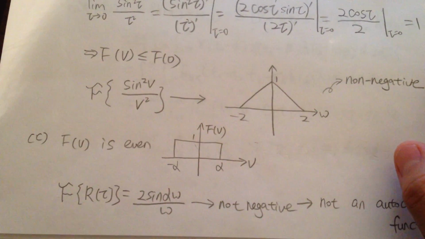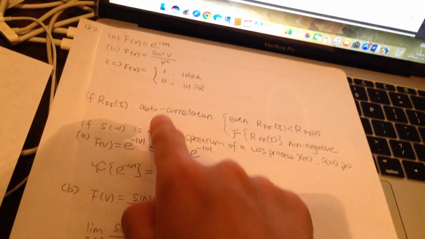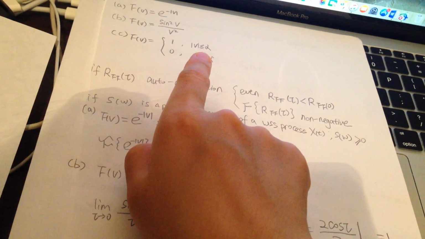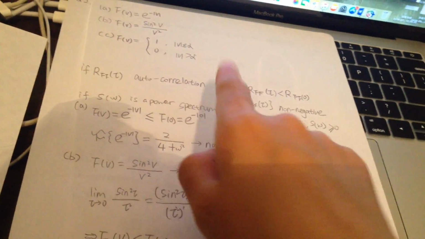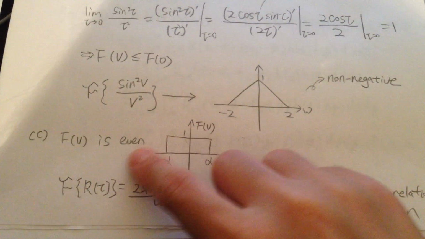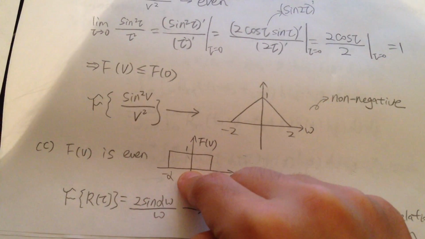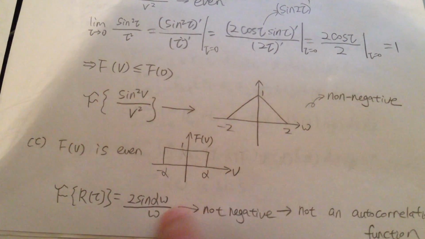And the last one is a function that looks like this. f of v equals 1 when the absolute value of v is less than alpha, otherwise it equals 0. This function is even, because the picture can be drawn like this.